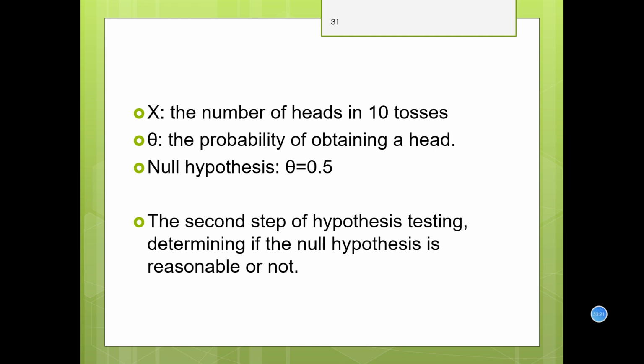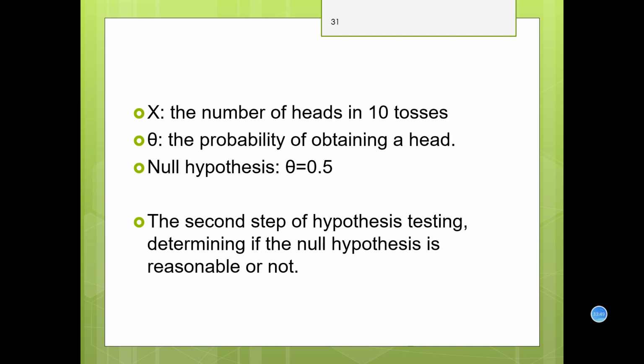So here, if the null hypothesis is true, do you remember what the null hypothesis is? We said that we use H0 to represent the null hypothesis, and H0 is the coin is fair. So let's think about it. If the coin is fair, what is theta?